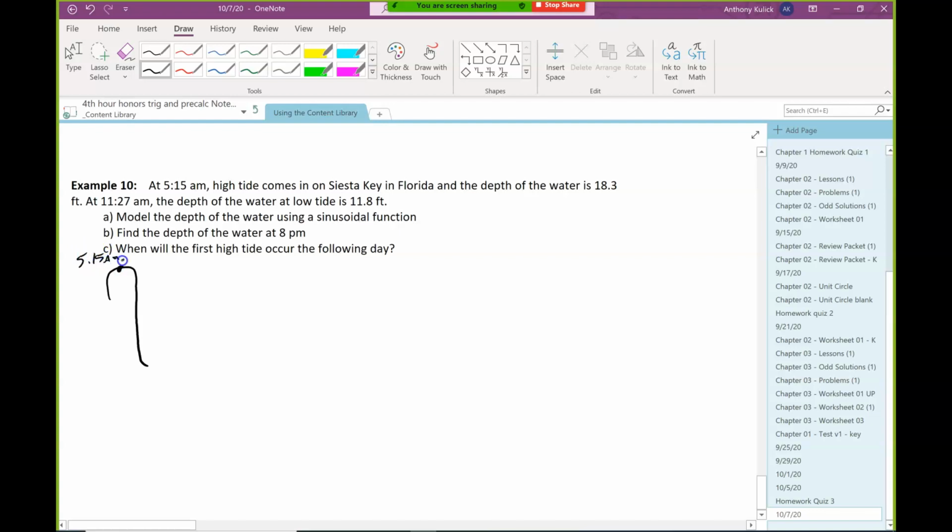Everybody okay there? And then later on, at 11:27 a.m., we have a low tide at 11.8 feet. Everybody agree with that?